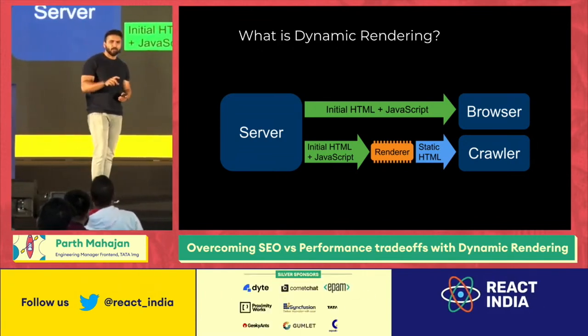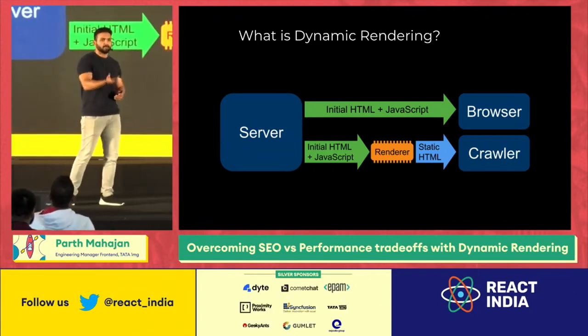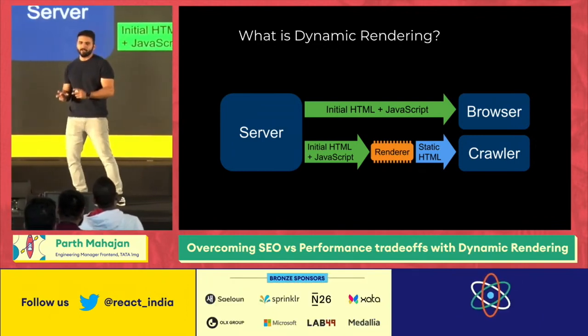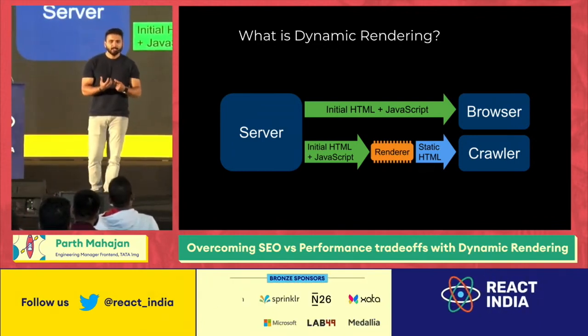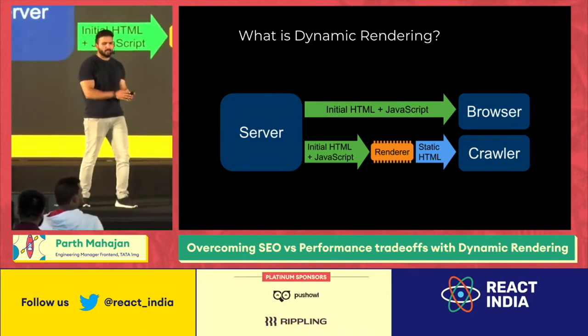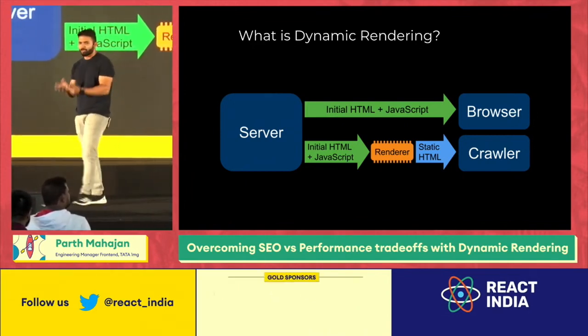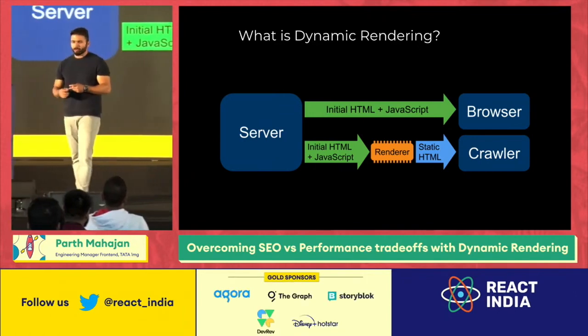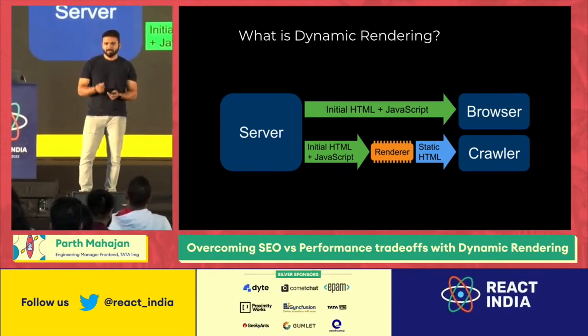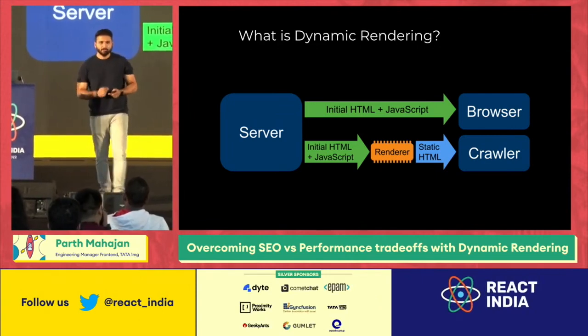And that is what I'll serve to the crawlers. So this is the basic concept of dynamic rendering, wherein you are treating the users differently, be it bots, your crawlers, or your normal users. For the bots, I'll be serving the complete page, and for the normal users, I'll be serving the partially rendered page.